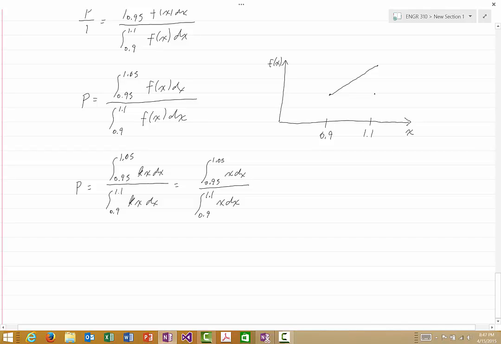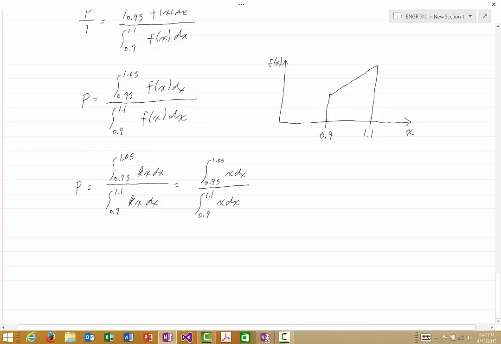It really doesn't matter the exact shape of f of x for the argument that I'm going to make, but if we want it to be precise, then f of x looks something like this. It's a linear function of x between 0.9 and 1.1. It's equal to 0 everywhere else, but it's equal to kx between 0.9 and 1.1, and at the moment we don't know what k is equal to.